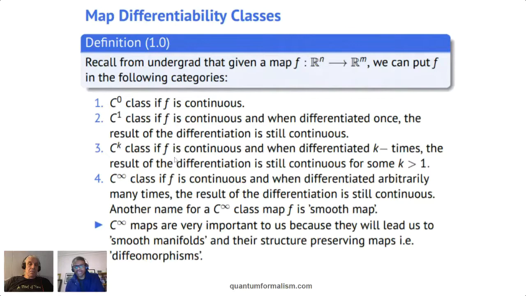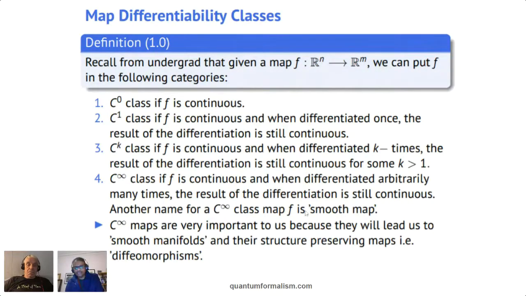For any k greater than 1, the map is called Ck if it's continuous, and when differentiated k times, the result is still continuous. And C infinity, or smooth, if you can differentiate the map arbitrarily many times, as many times as you want, and the result is still continuous. For our purposes, this is what we will be interested in.